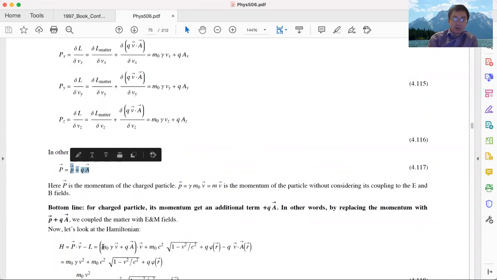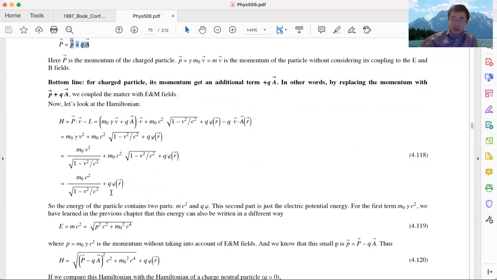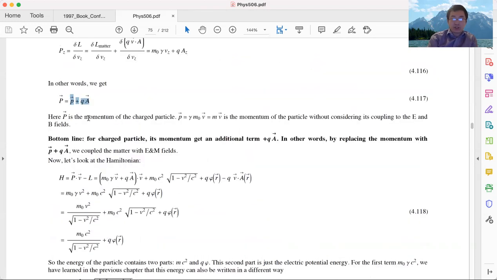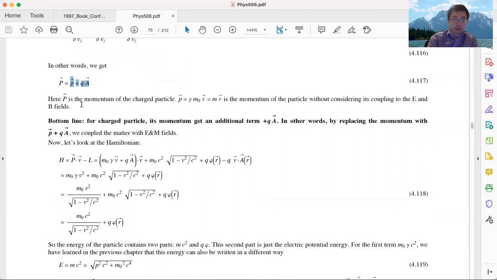For the energy to get modified, we don't really need relativistic physics. Even in Newton's mechanics, we can realize that energy should get modified because we have electric potential. But this momentum part is a relativistic effect. It tells us the momentum of a charged particle needs to be modified by the vector potential. It has to be modified by the vector potential.